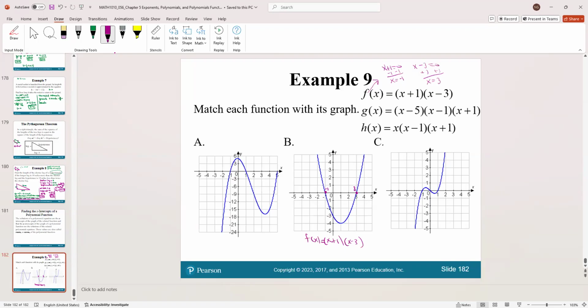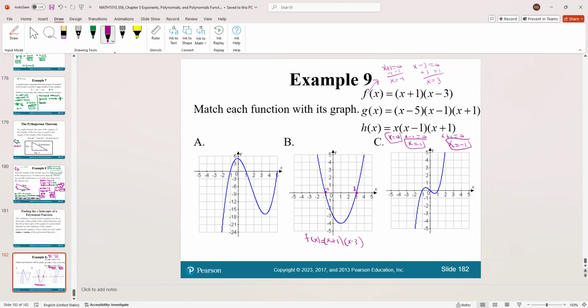Now, the other one I can do to go faster is h. For h, x equal to 0, x minus 1 equal to 0, that means x equal to 1, and x plus 1 equal to 0, that means x equal to -1. Look at the other two graphs left. Where do you see the blue graph intersect the x-axis at -1, 0, and 1?